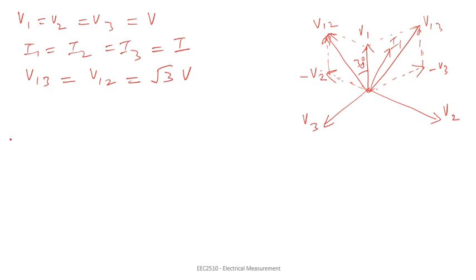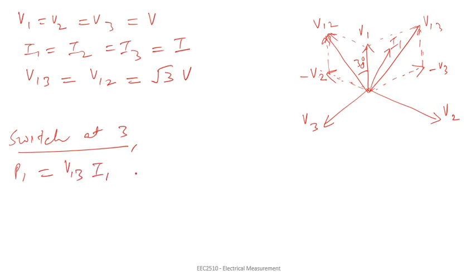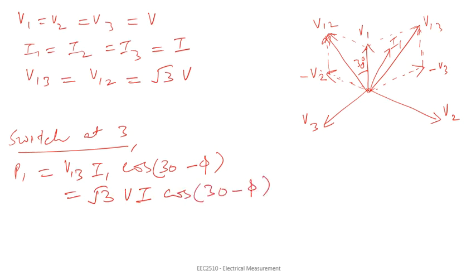So with the switch at position 3, the reading of the wattmeter, that is P1, would be equal to V13 I1 cos of 30 minus phi, which is equal to root 3 Vi cos of 30 minus phi.